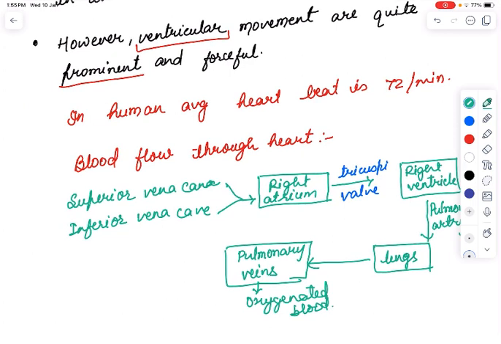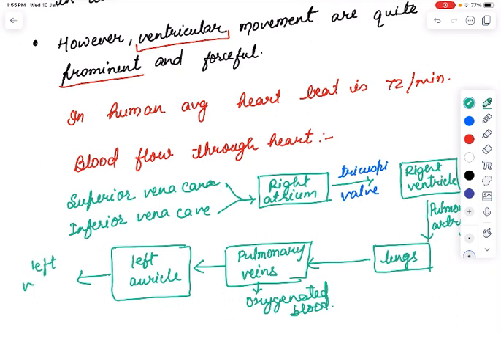And from the pulmonary veins it will move to the left auricle, and from the left auricle it will move to the left ventricle. Here there will be the mitral valve, or you can say bicuspid valve.